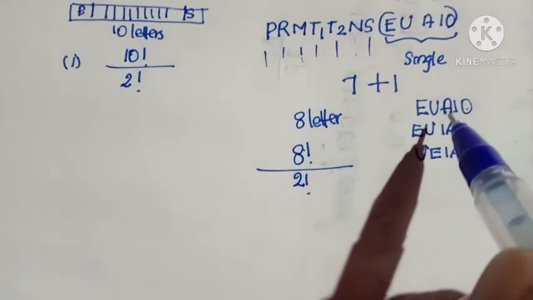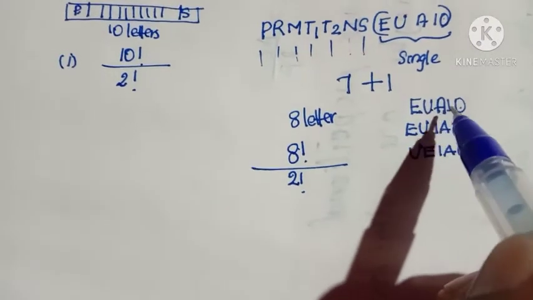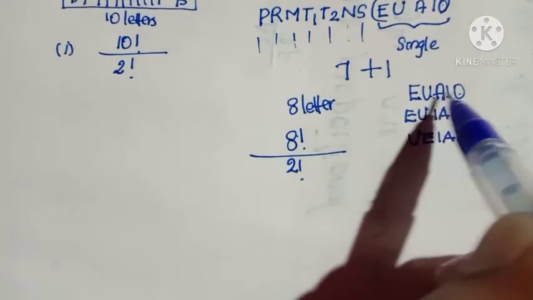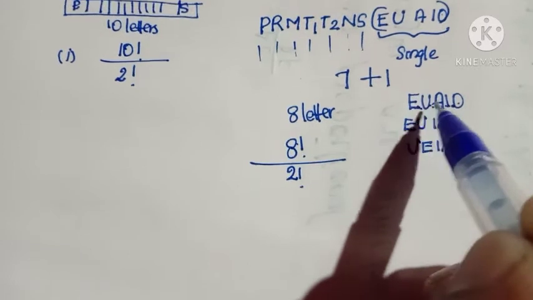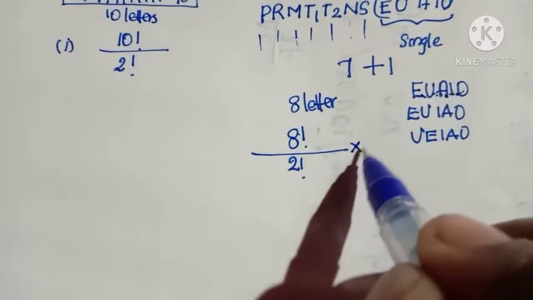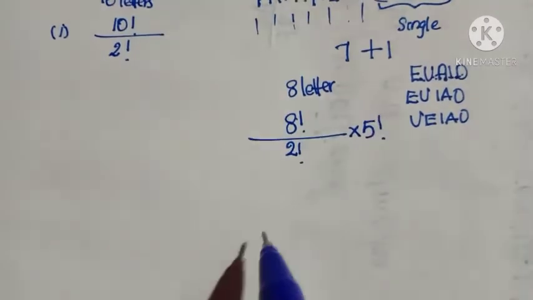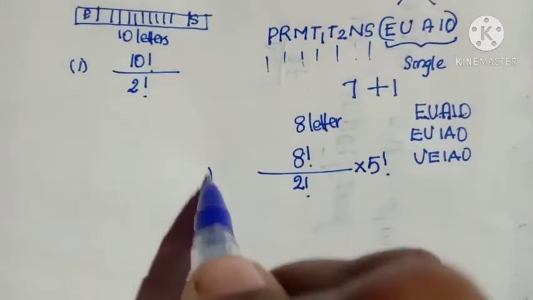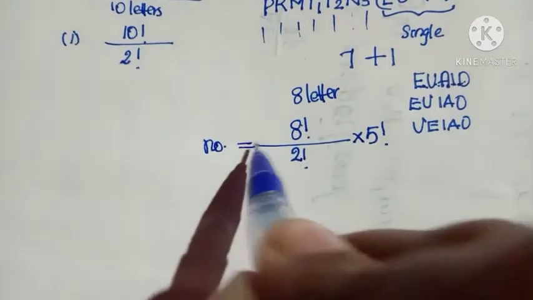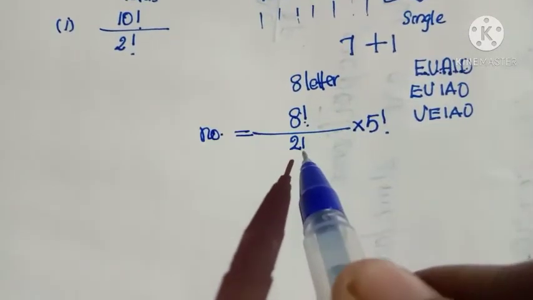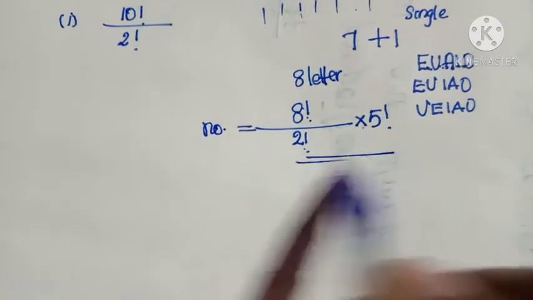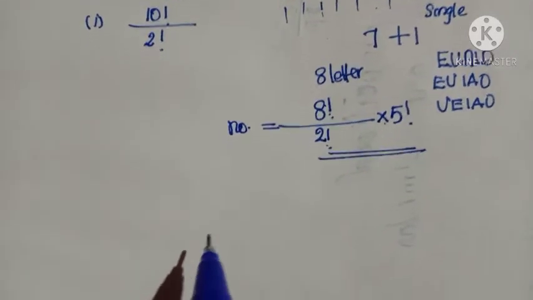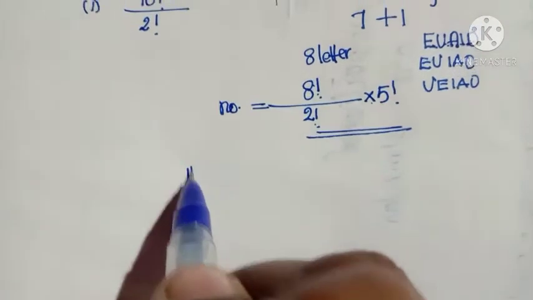These 5 vowels are different letters, so they can be arranged in 5 factorial ways. So the total number of arrangements is equal to 8 factorial by 2 factorial into 5 factorial.